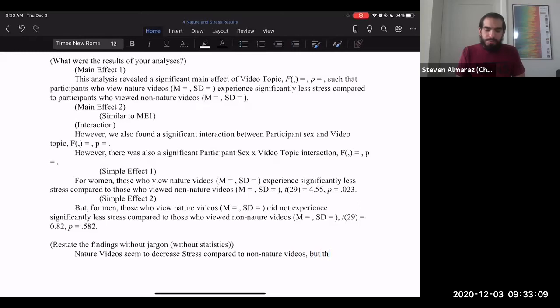But this only occurred for women. All right. So something like that says, here's our basic finding, and here's a little glimpse into the interaction. It happened for women, but it didn't happen for men.